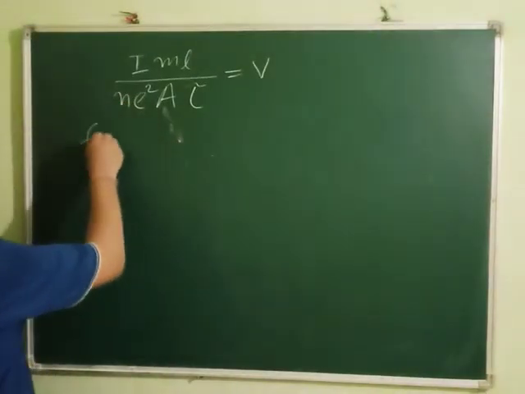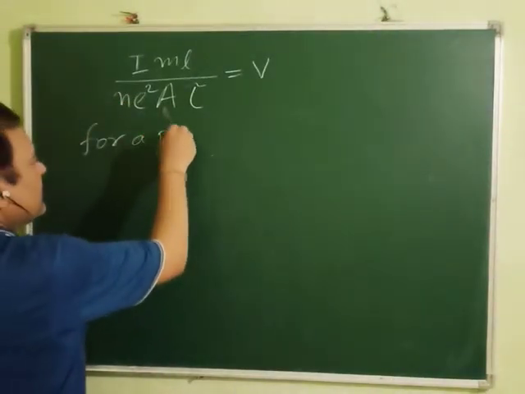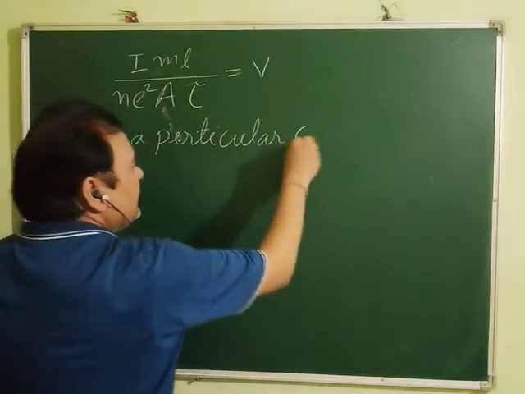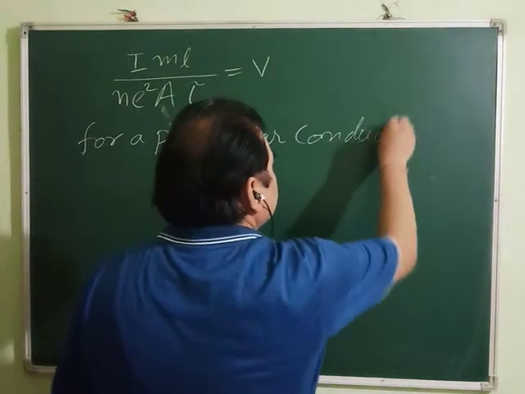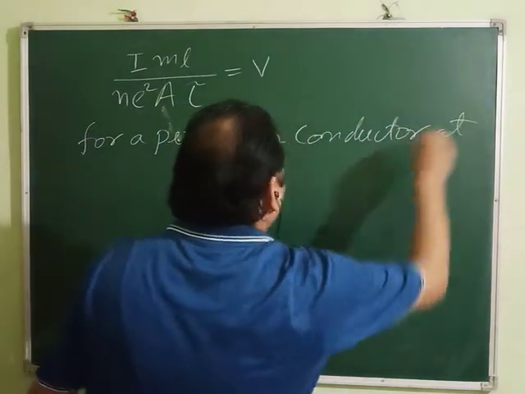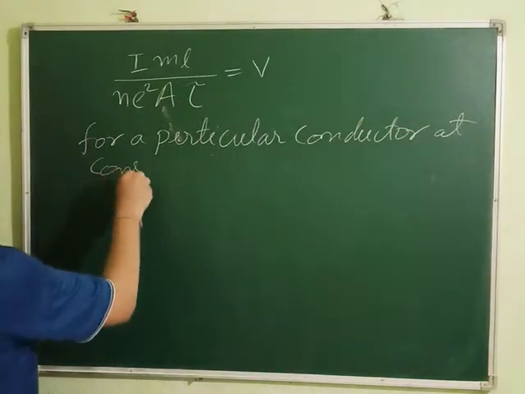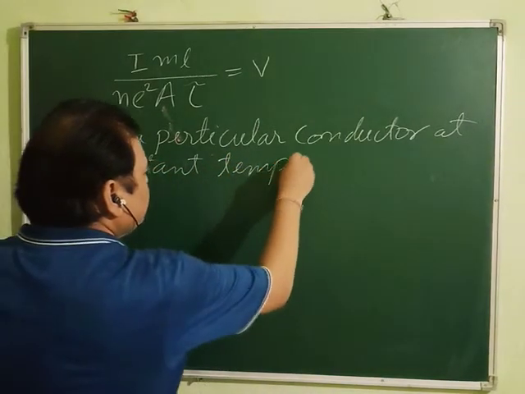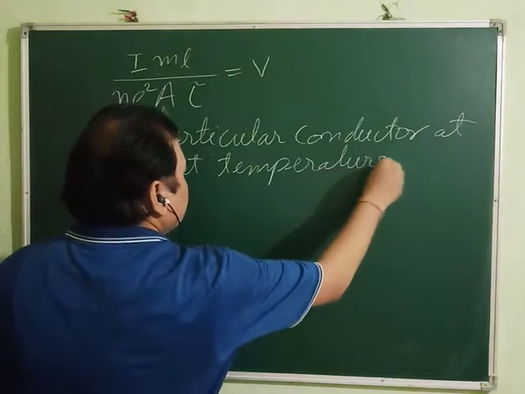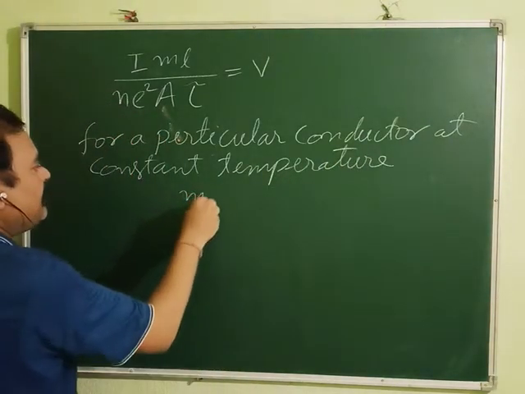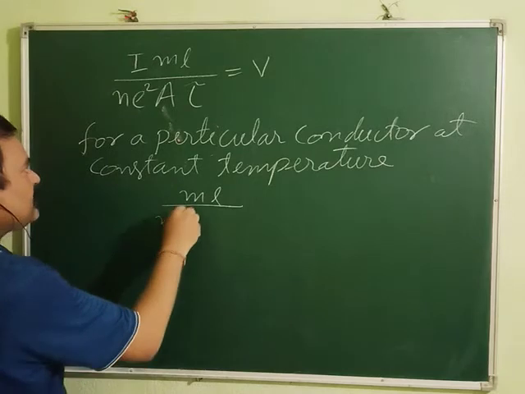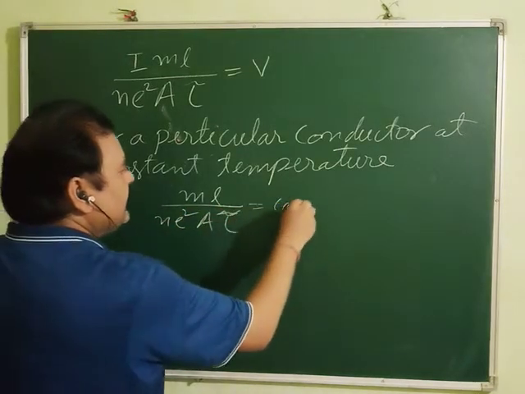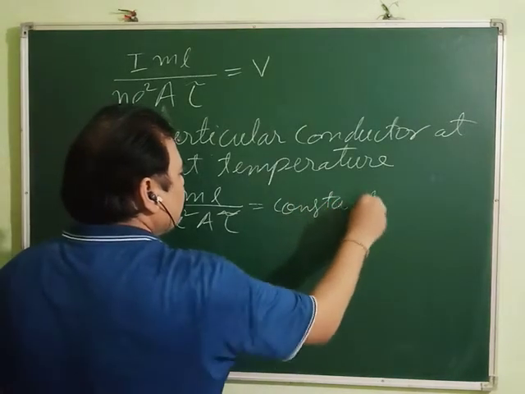So we can say here, for a particular conductor at constant temperature, ml upon n e square A tau is equal to a constant.